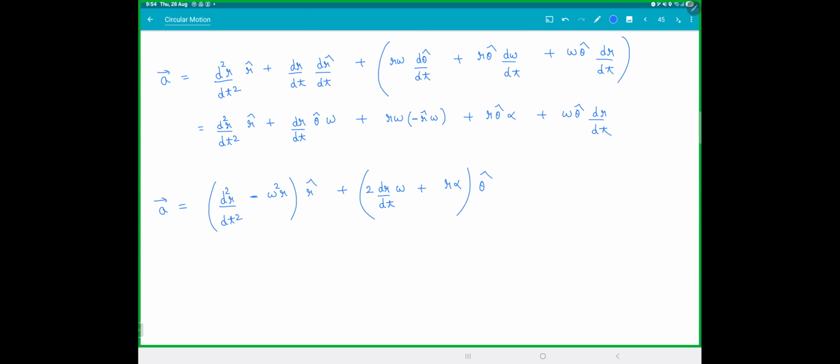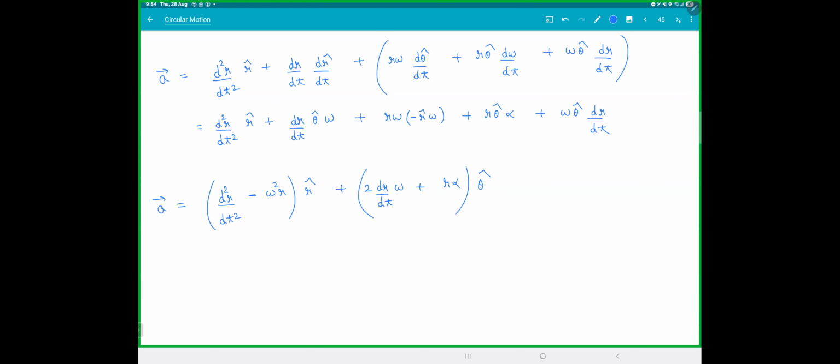So what are these terms exactly? If you see in this, some terms you can recognize. This was your centripetal acceleration. This was your tangential acceleration. This thing is called your Coriolis acceleration.